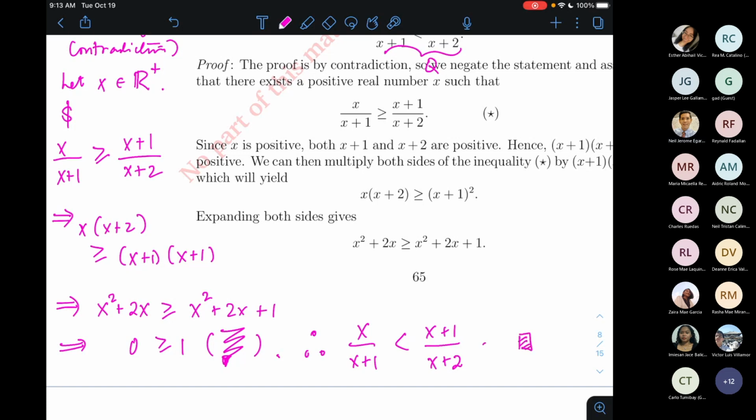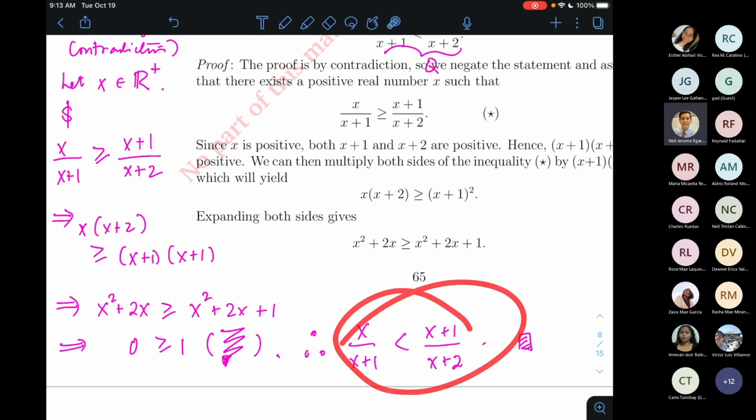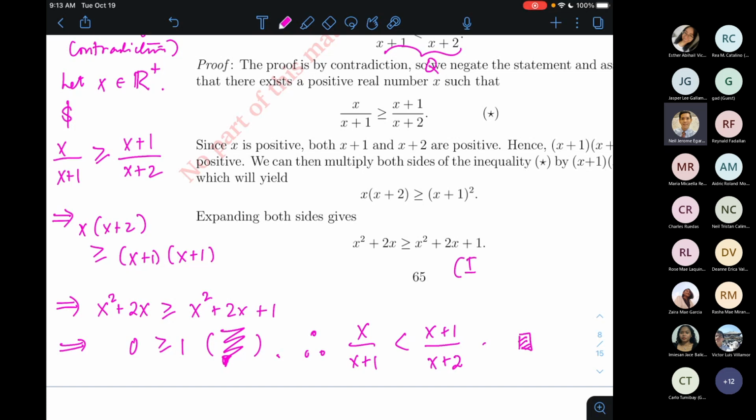Okay? So, kung nakita nyo, hindi ko talaga pinakita na totoo itong inequality na to. Ang pinakita ko ay hindi pwedeng maging false ito. Right? Dahil hindi pwede siyang maging false, then by the law of excluded middle, dapat totoo siya. Right? And that's why proof by contradiction is also known as indirect proof.